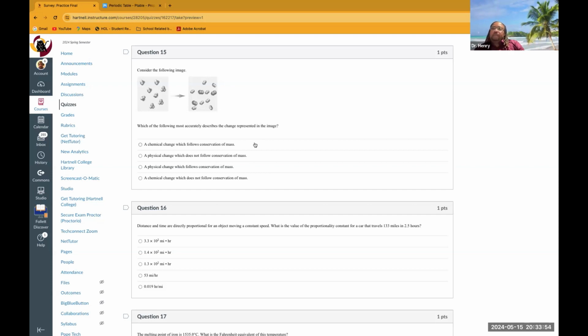A, a chemical change which follows the conservation of mass. B, a physical change which does not follow the conservation of mass. C, a physical change which follows the conservation of mass. D, a chemical change which does not follow the conservation of mass.